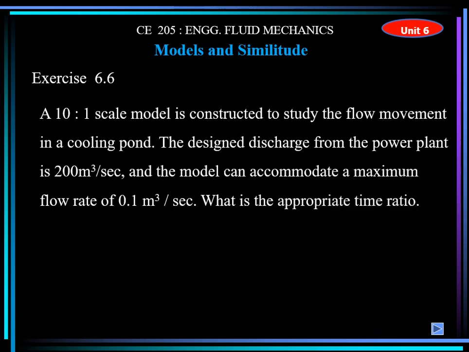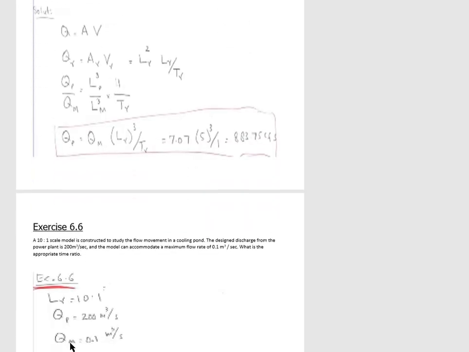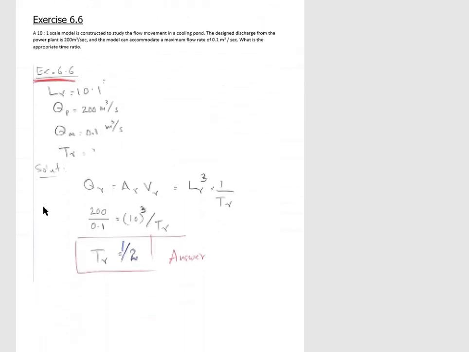Let us see how we can apply this in this question. You know that in the question LR is given to us as 10:1, that is, LR is 10. Q for the prototype is given, Q for the model is given, and we need the TR. Now we know the continuity equation, right? And QR is QP over QM, and this is given to us as 200 over 0.1.